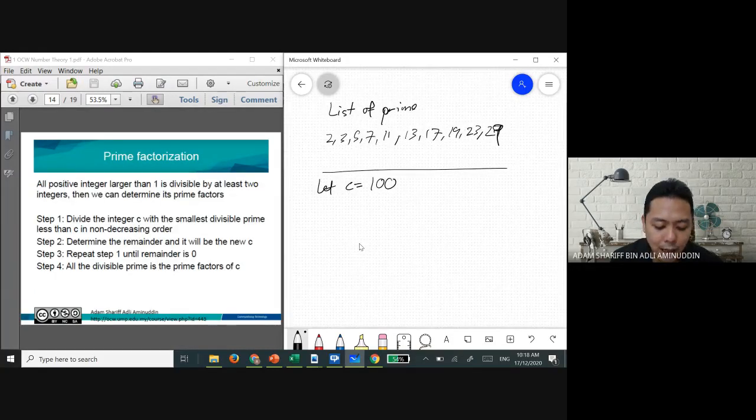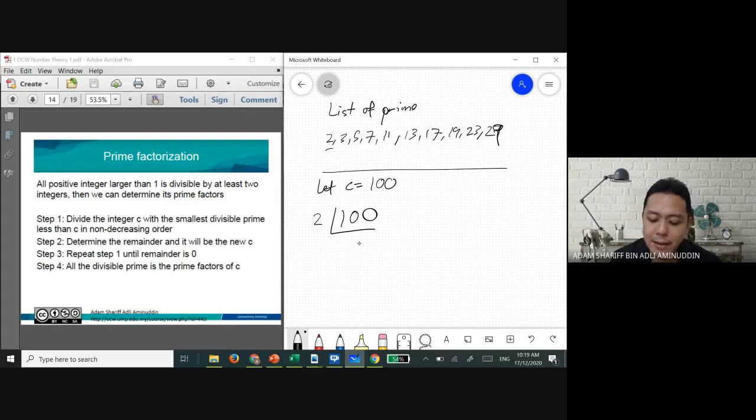Okay, so 100. Try to divide with the smallest divisible prime. Contoh kalau yang smallest divisible prime ialah 2. Kita boleh divide dia tanpa ada baki.